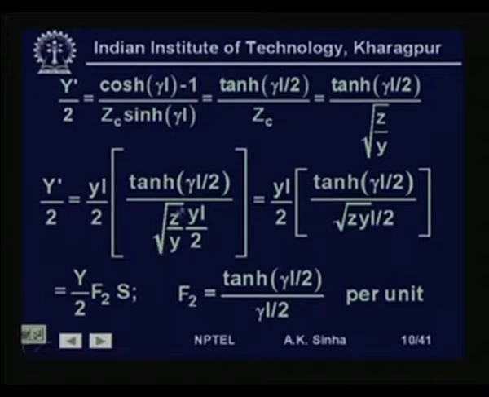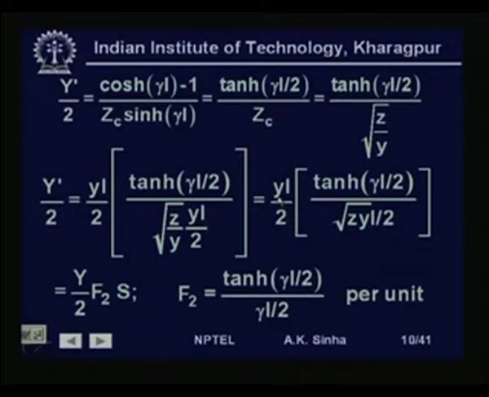Now, here we have multiplied it by yL by 2 in the numerator, and therefore, we have divided it in the denominator. So, square root of Z by y into yL by 2.